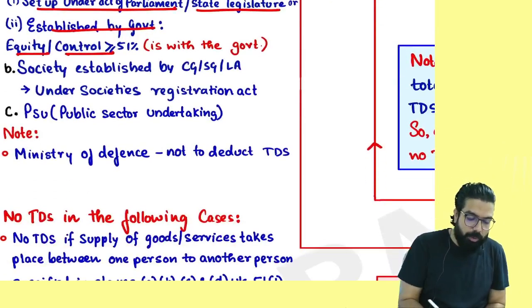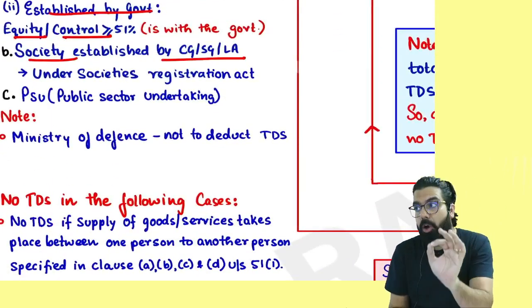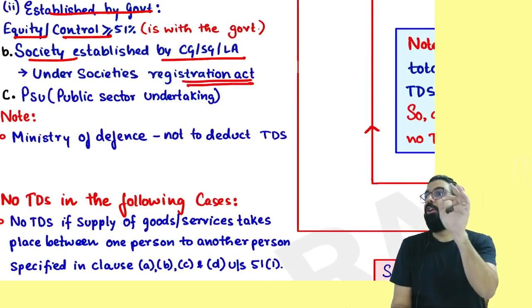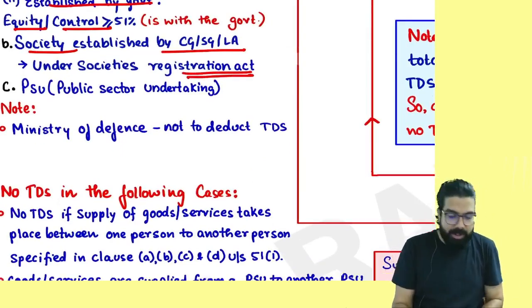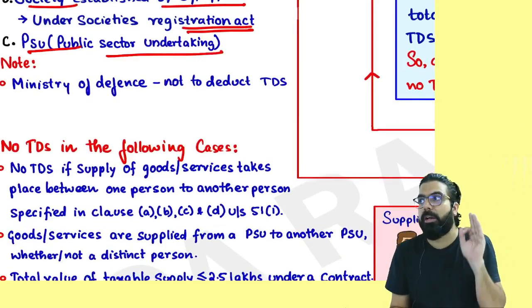TDS. The next one over here is, if you are a society which is established by the government and which is registered under the Societies Registration Act, you are also required to deduct TDS. And if you are a PSU, you are also required to deduct TDS.